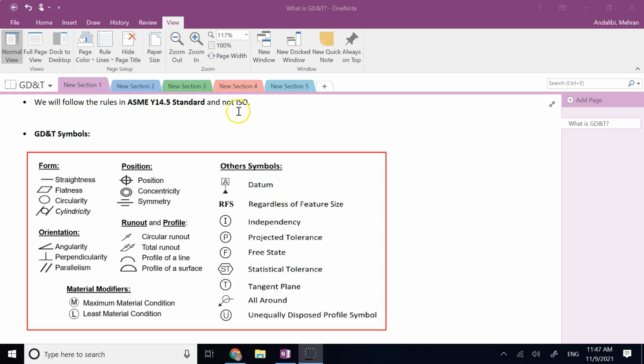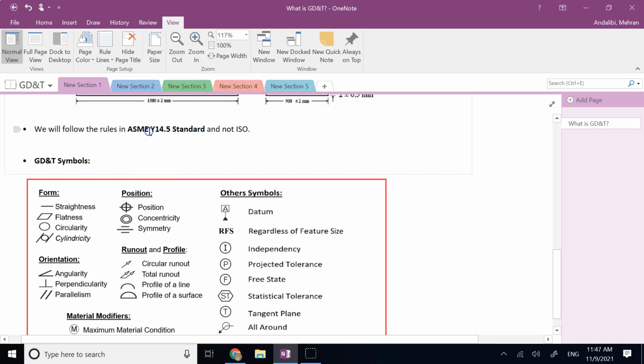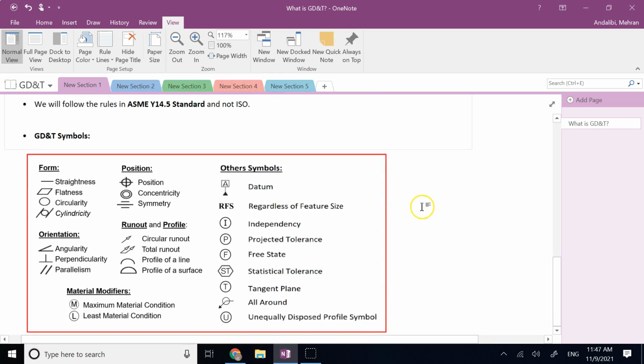Now, in these videos, we are going to follow the rules in the ASME Y14.5 standard, the American Society of Mechanical Engineers standard, not ISO. And finally, I just wanted to show you a brief list of GD&T symbols. We will try to explain them one by one through the videos we are going to generate.